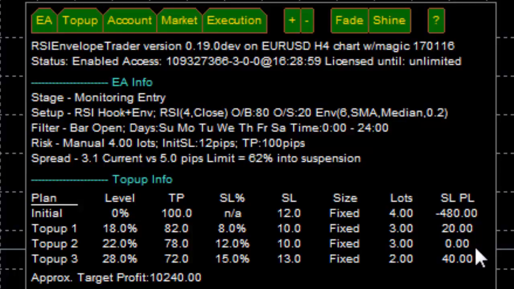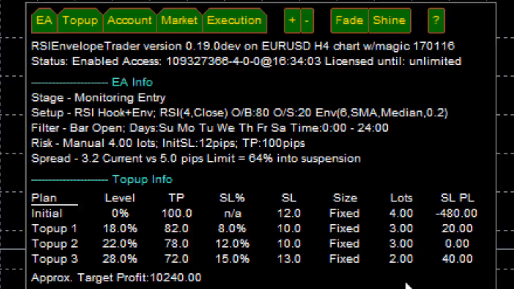After the second top-up, this transaction will break even if it gets stopped out. So there will then be the initial trade active, the first top-up active, the second top-up active, and if all 3 of those get stopped out, the net result will be 0.